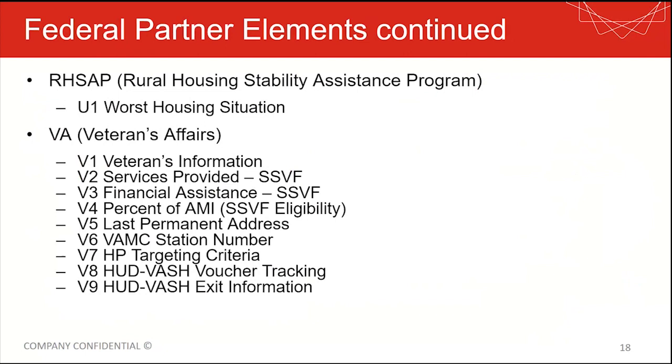RHSAP, Rural Housing Stability Assistance Program, asks about worst housing situation. Lastly, VA, Veterans Affairs, has questions surrounding veterans information, services provided SSVF, financial assistance, percent of AMI, last permanent address, VAMC station number, HP targeting criteria, HUD-VASH voucher tracking, and HUD-VASH exit information.